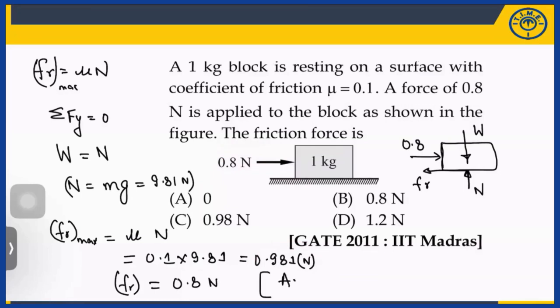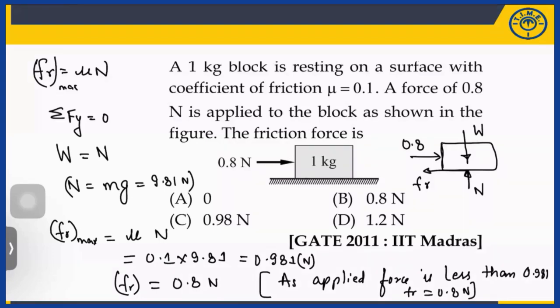Why is this happening? Because the applied force is less than 0.981 Newton. So the friction force value will be 0.8 Newton. For example, let us suppose the force acting is 0.981 Newton.